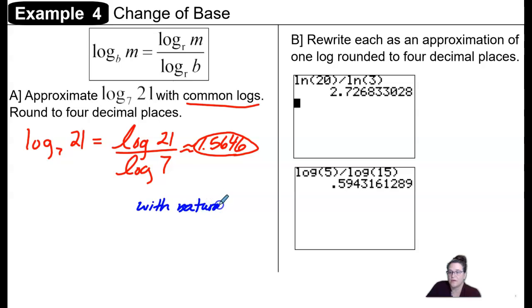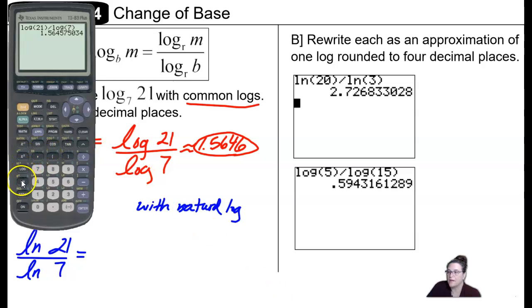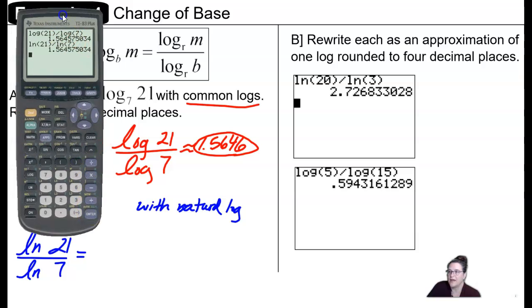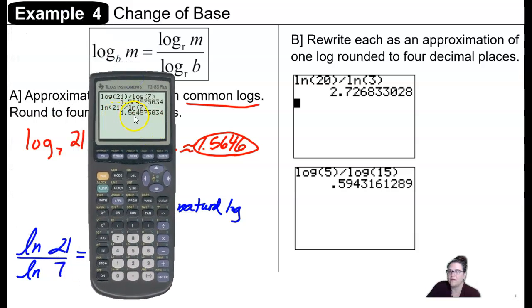So with a natural log, we're going to have the natural log of the argument divided by the natural log of the base. And when we put that into the calculator, natural log of 21 divided by natural log of 7, notice we get the same thing, 1.5646.